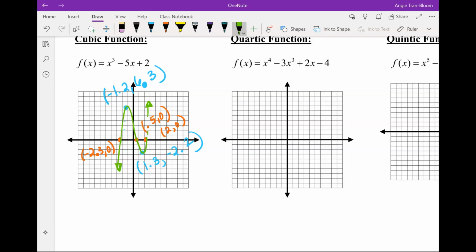Clear out the previous information, and do it together with your team. The more you practice, the better you'll get. Then sketch it out just like what we did for the cubic. Once you're done with the quartic, can you move on to quintic? I want you to graph all 3 functions using your calculator.